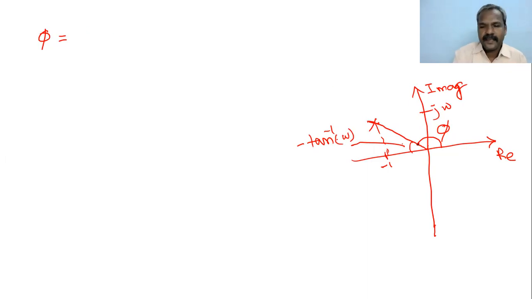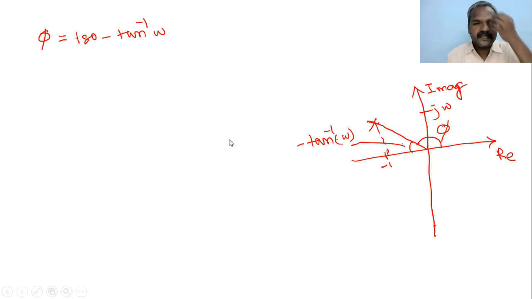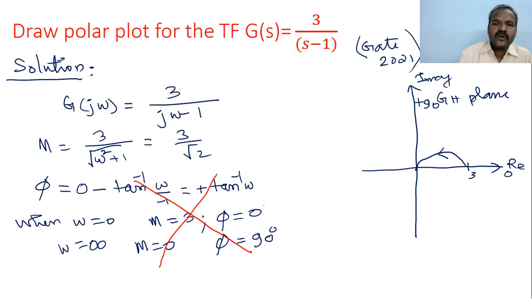The phase angle will be 180 minus tan inverse of omega. So this minus this becomes plus. Understand or not? For the numerator 0, for the denominator it is 180 minus tan inverse of omega.